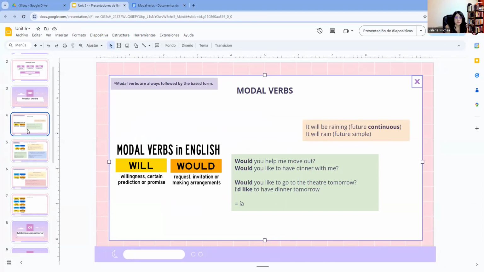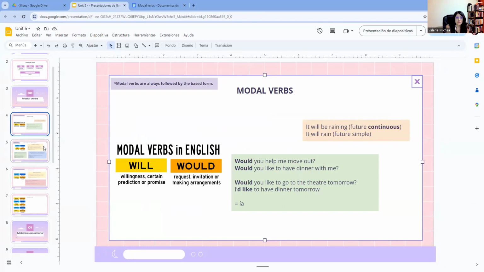For example, we had the use of will and would for willingness, predictions, and we have would for invitations and all the things related to invitation. So yeah, we had those.